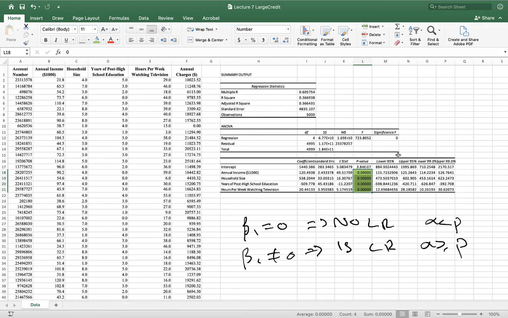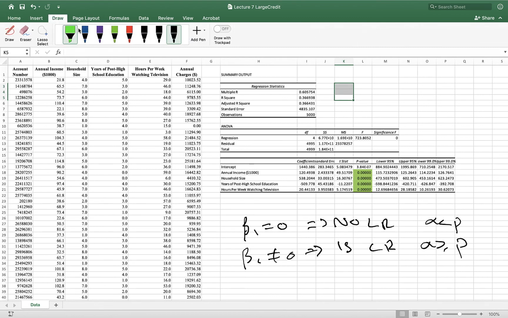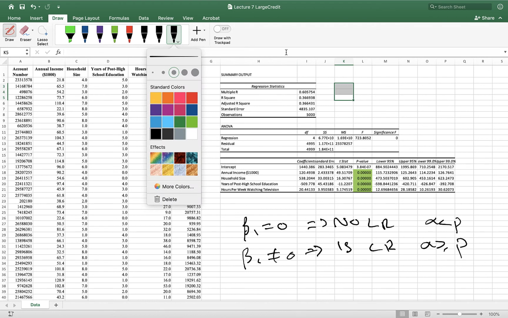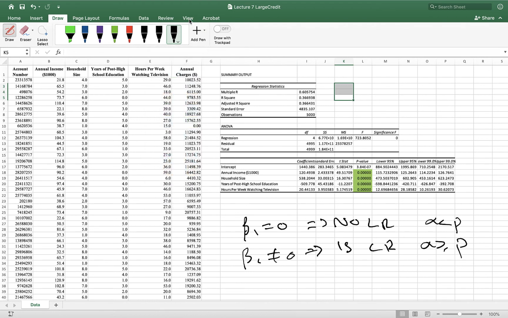And if you've covered ANOVA before, you may remember this. You can check to see if the coefficients, beta 1 equals beta 2 equals beta 3, dot, dot, dot, however many coefficients you've got, are all equal to 0, or you can check to see if at least 1 is not 0.